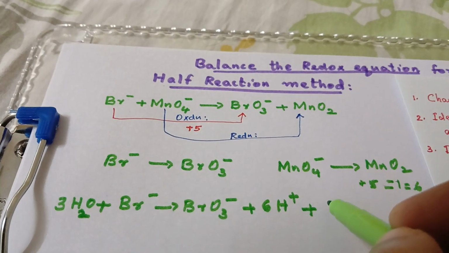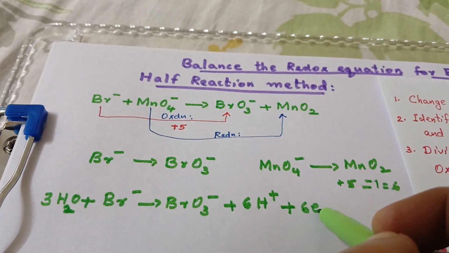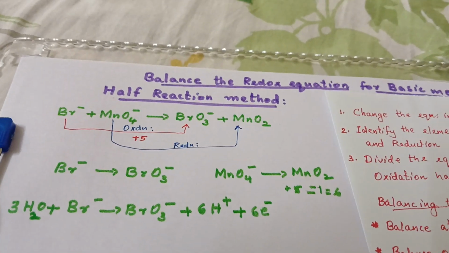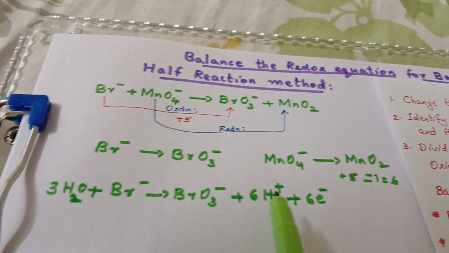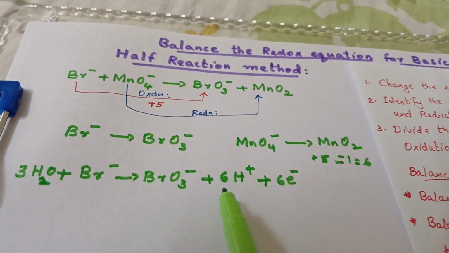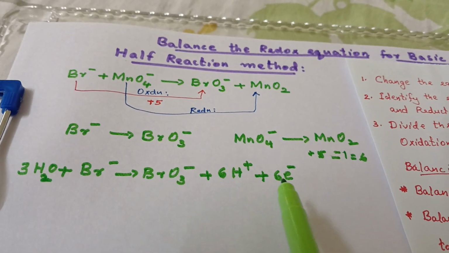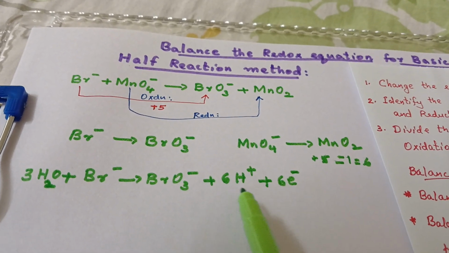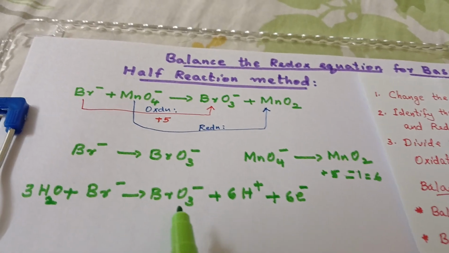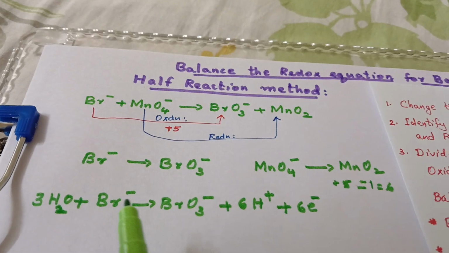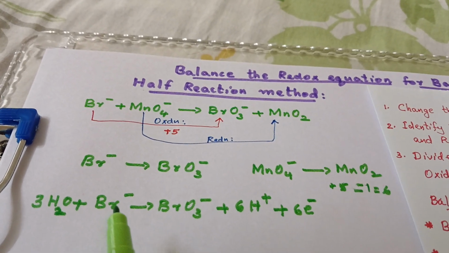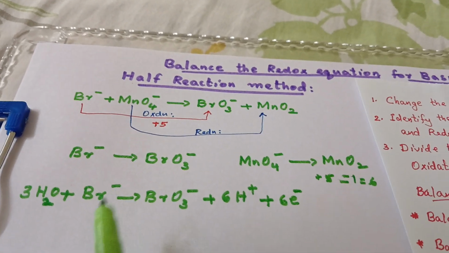So that many electrons we will add here to the right hand side, 6 electrons. Now let us see if the charges are balanced. Here we have 6 plus from the H plus, 6 plus and 6 minus. That will be 0. And -1 will be the charge on the right hand side. What about the left hand side? Left hand side also we have -1 charge.